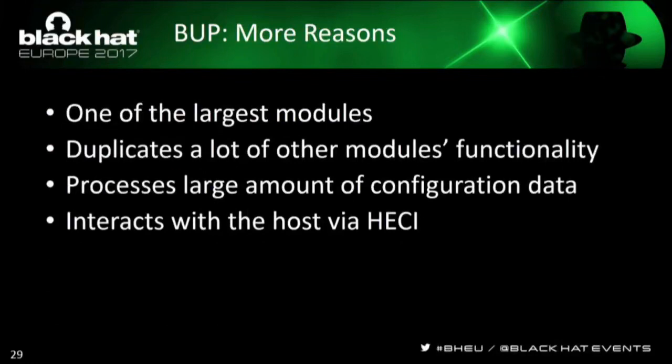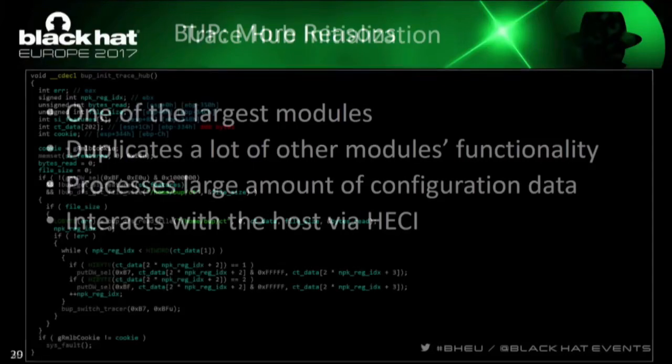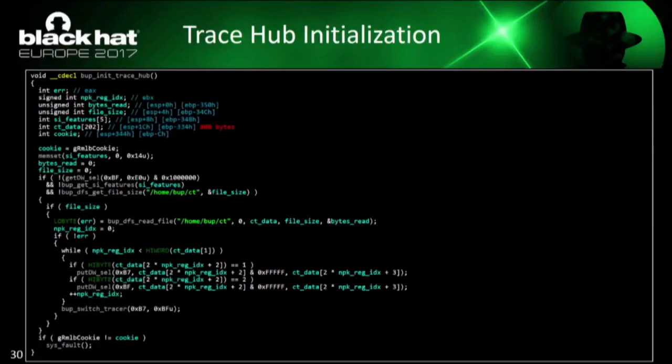We also looked forward to success because BUP is one of the largest modules in Intel ME firmware. Also, it duplicates a lot of other modules' functionality, and it parses a large amount of initial configuration data. And our expectations have been realized.